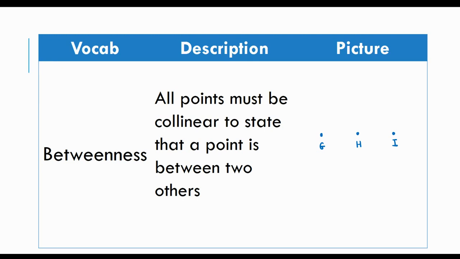So notice that in this case, because I have collinear points, I can say that H is between G and I. Had that H been moved up a little bit, well, then I wouldn't be able to say that H is between G and I. They have to be collinear in order for us to say anything about betweenness of points.